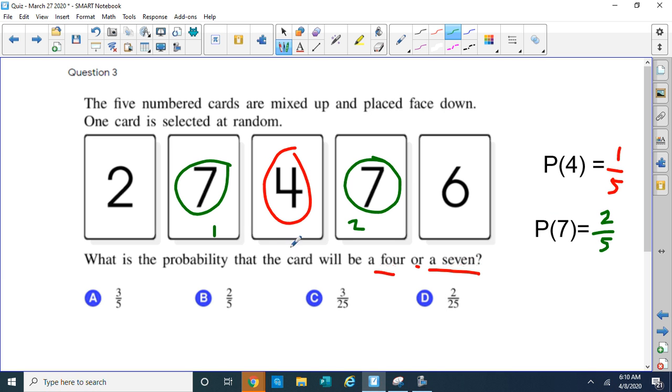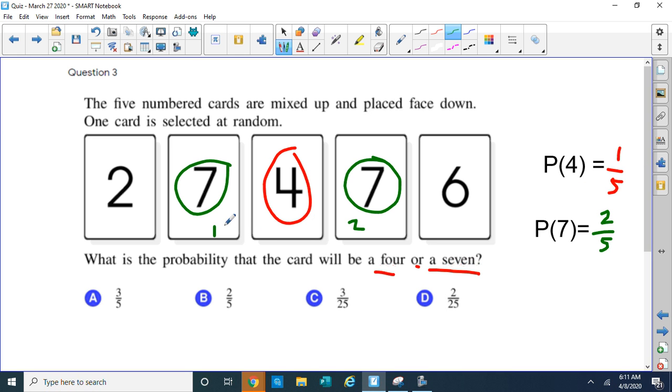So notice there are 2 cards that are 7. And if you got that one, you would win. If you got that 7, you would still win. So this is an interesting probability because or is in play here. So we can get this 7 or we can get that 7. And if you remember, we can also get that 4. So there are a lot of numbers that we can get.